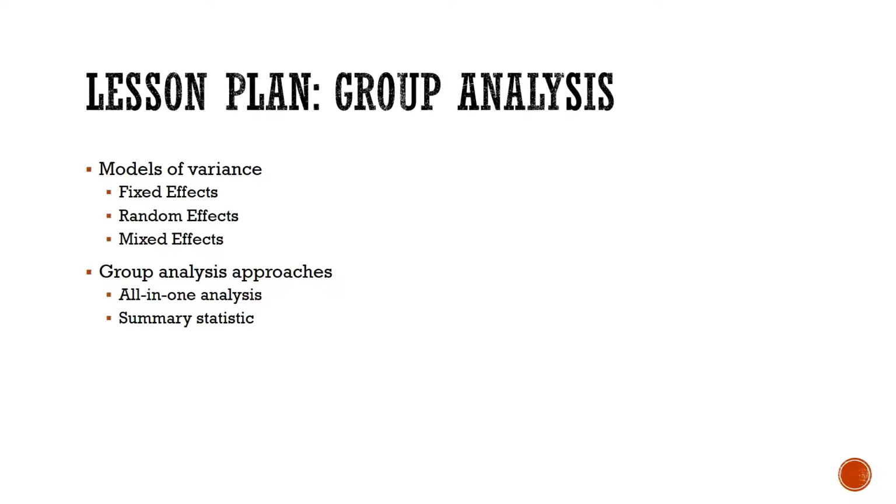Then the second half of this will be about how do you actually implement a group analysis. And what I mean by that is the full way of doing it is what is known as an all-in-one analysis.